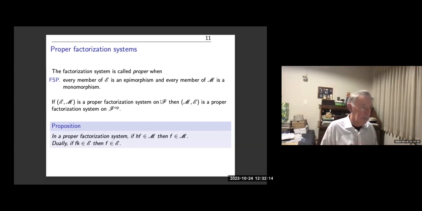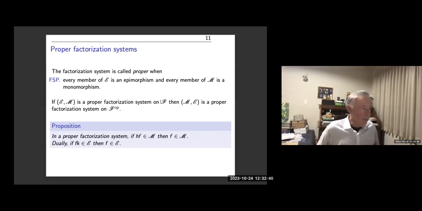So this duality property is a nice thing to have, like for an abelian category. If you've got a factorization system E, M on F, then swap them around and turn the M's into E's and the E's into M's, and you've got a factorization system on F op. So you can dualize any theorems that deal with these kinds of factorization systems.